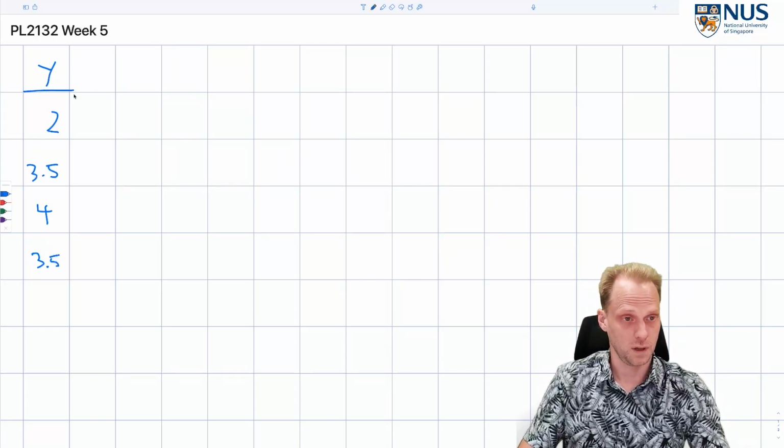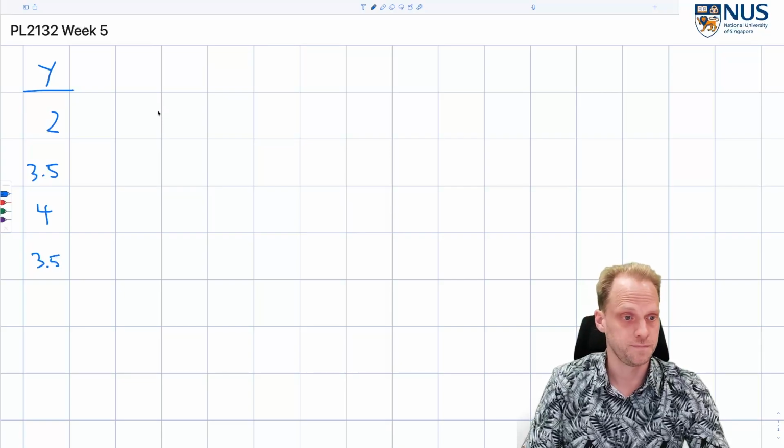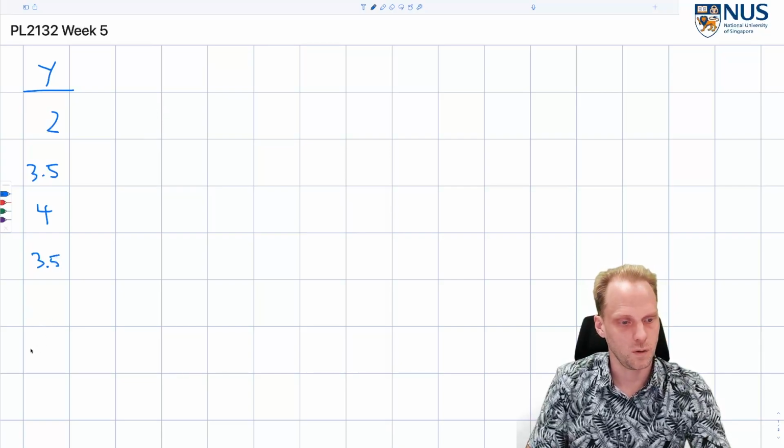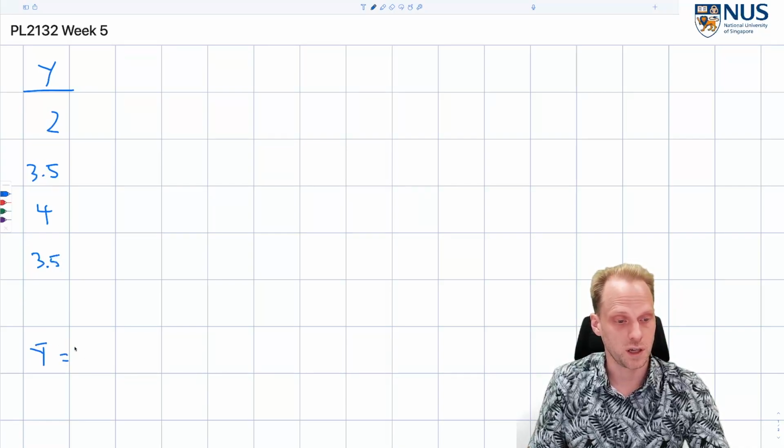Now, the first thing we can do is calculate the average, right? Y bar, which is in this case 1 over 4 times the sum of these values. So 2 plus 3.5 plus 4 plus 3.5.